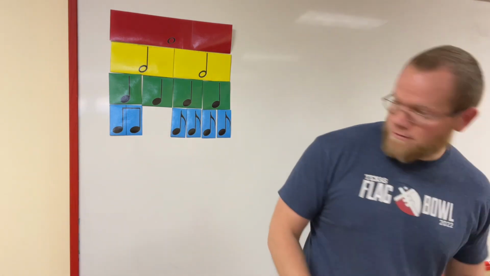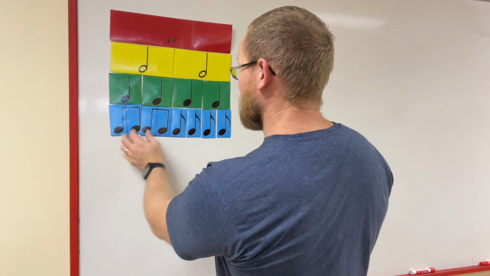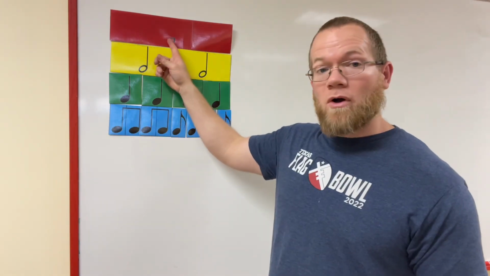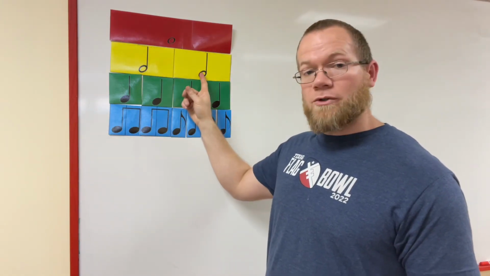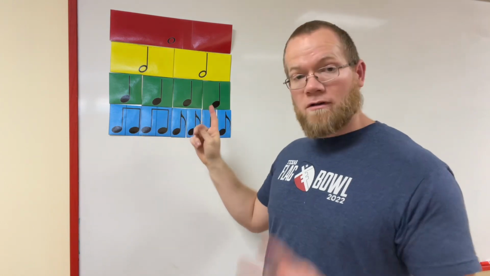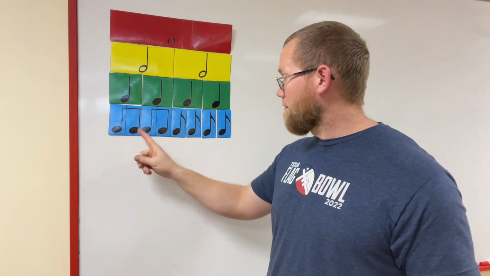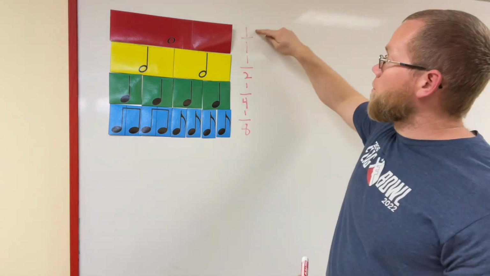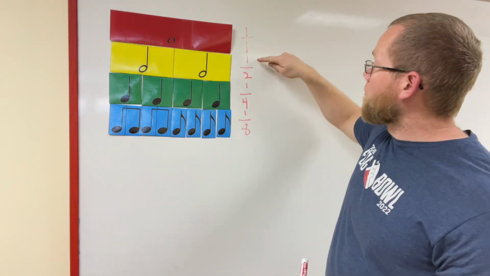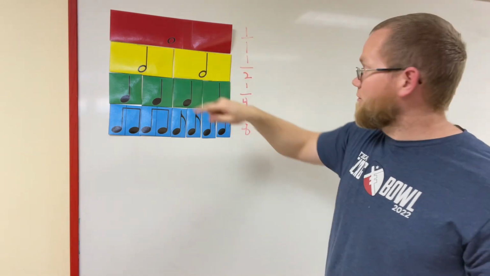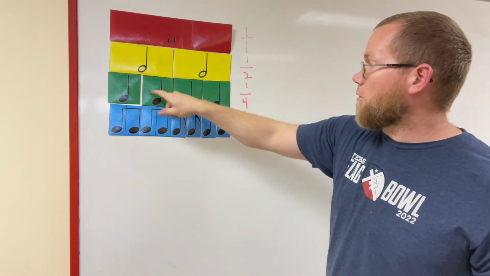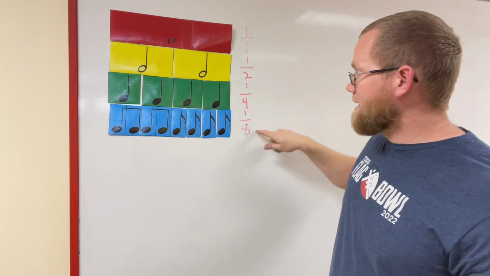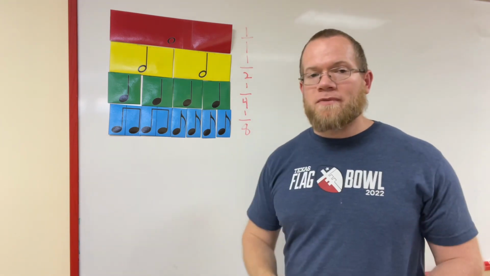And I have 2 more eighth notes. Whole note, 2 half notes, 4 quarter notes, 8 eighth notes. You could see 1 over 1 is a whole, 1 over 2 is a half, 1 over 4, 4 quarters, 1 over 8, 8 eighth notes.